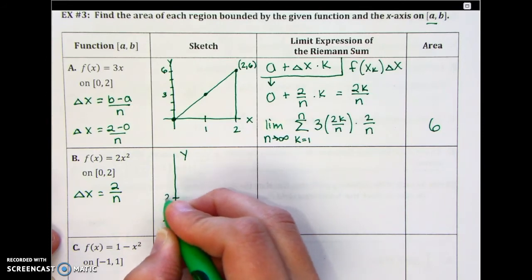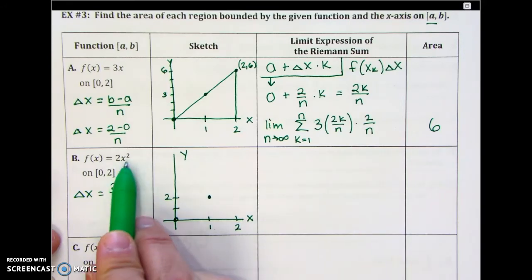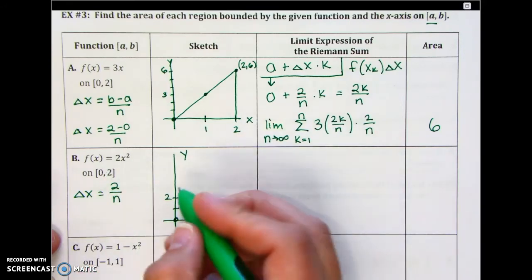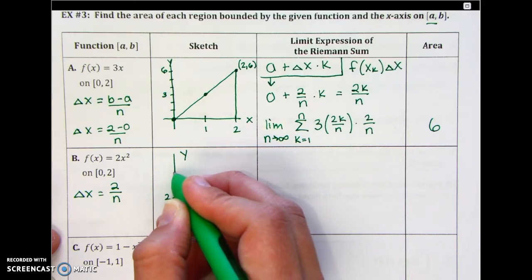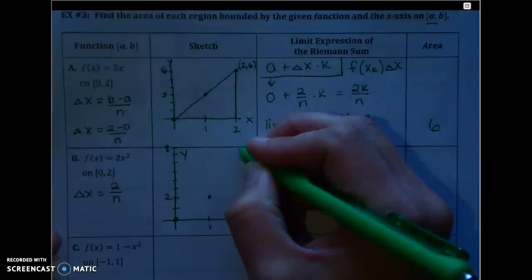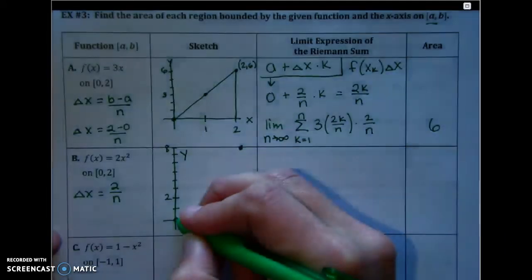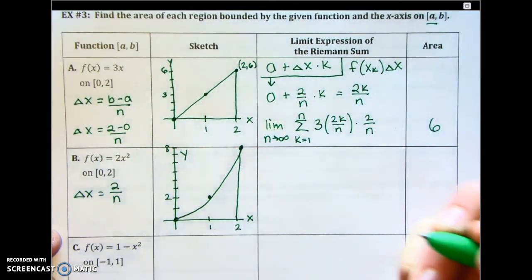So 1, 2. And when you plug in 2, 2 squared is 4 times 2 is 8. So I'm at 2. This is supposed to be evenly spaced. 3, 4, 5, 6, 7, 8. To make it look like a parabola, there go my lights. We know it's a parabola like that.